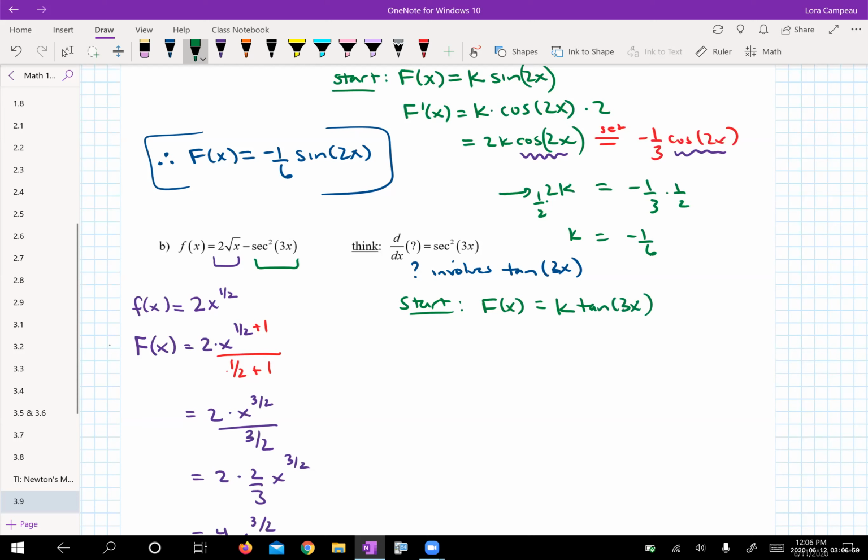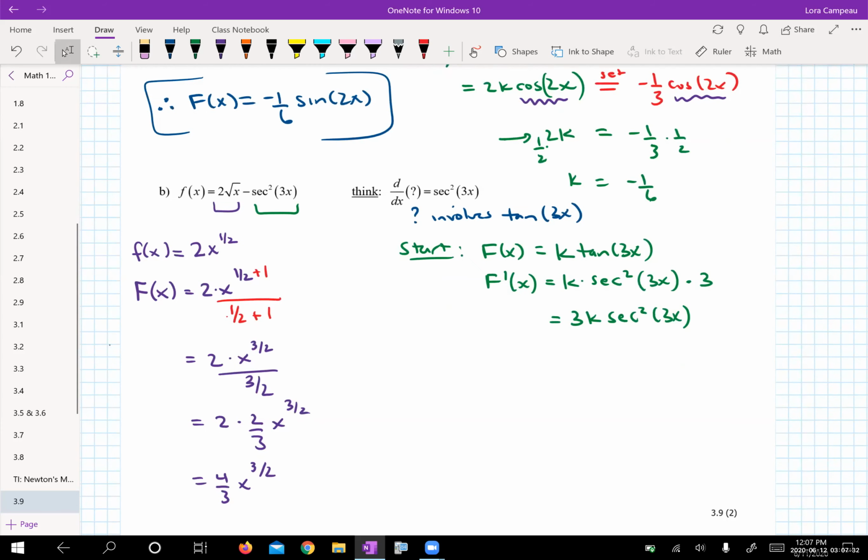Here we go. Now when you take the derivative, the constant gets pulled out. The derivative of tangent is secant square 3x, but you still have to multiply by the derivative of the inside, which is the chain. So the derivative of 3x is 3. If you'd like to clean this up, that's 3k secant square 3x.